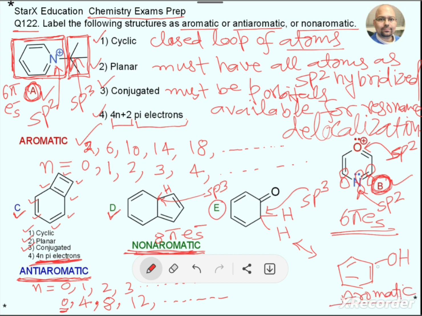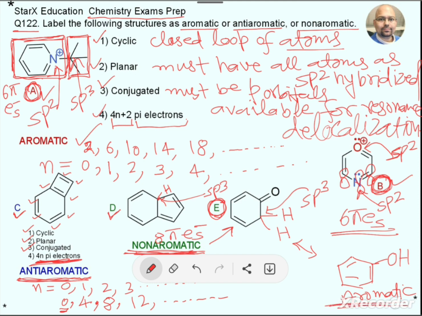Well, phenol is aromatic, but when we consider a structure for aromaticity, it is the structure as it is, not what it could be. So in this case, when we consider structure E, this is non-aromatic, but its phenol form, when the tautomerization takes place, then yes, it is aromatic.